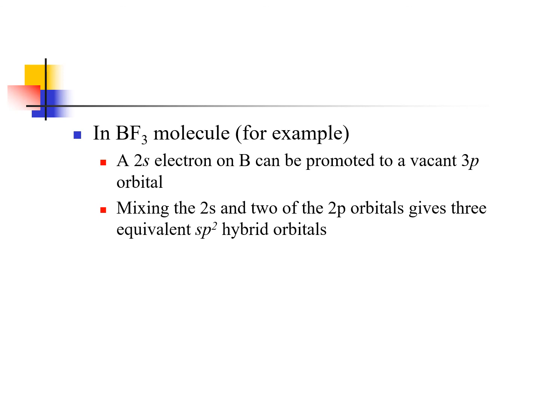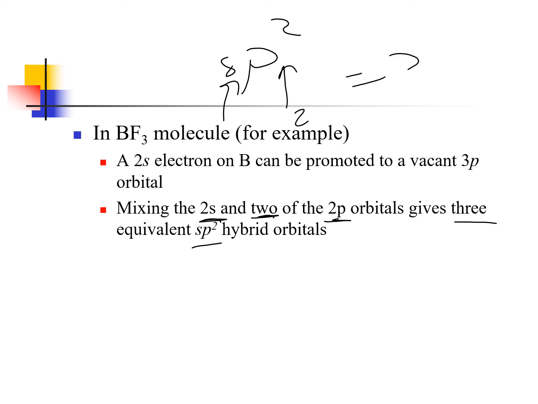We're going to mix a 2s and 2p's. So how many total orbitals are we mixing? That's a single s and a pair of p's. That's 3 orbitals. So we're going to get 3 sp2 orbitals, and again sp2, that's 1 plus 2 equals 3.